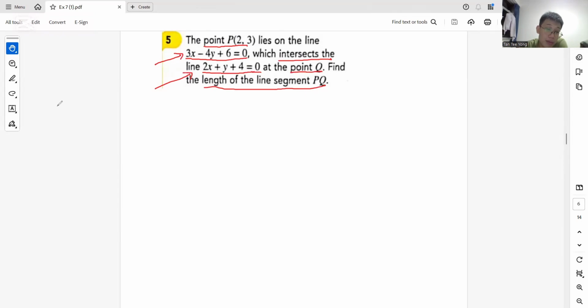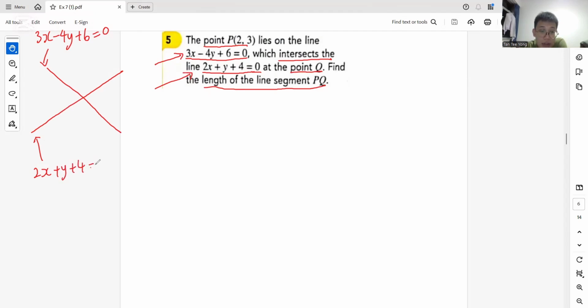Basically, we have one line and another line. Let's say this line is 3x minus 4y plus 6 equals 0, and this line here is 2x plus y plus 4 equals 0.